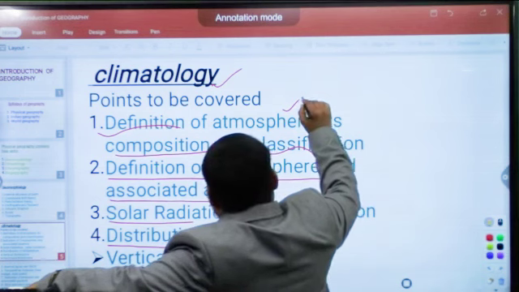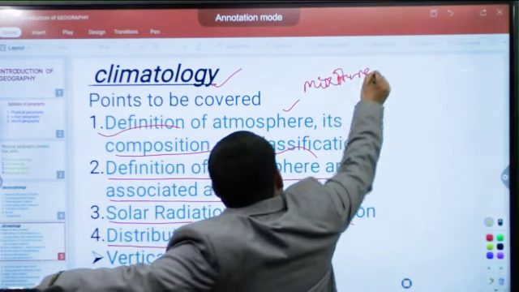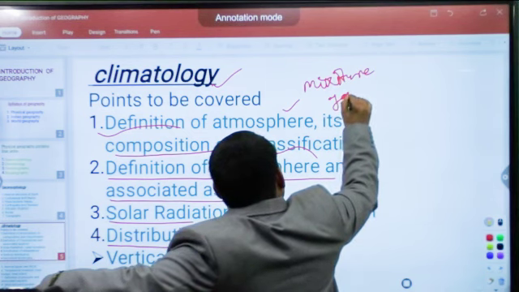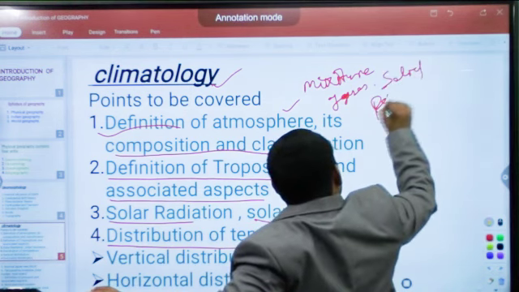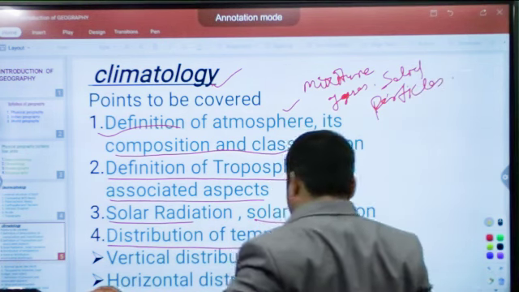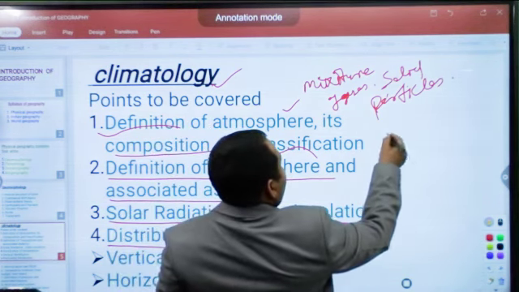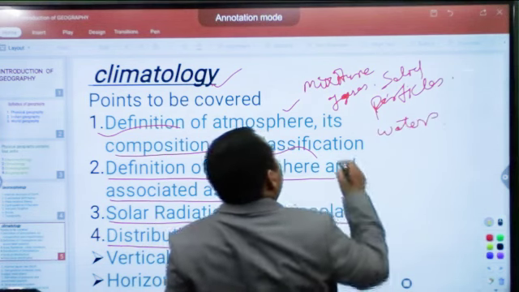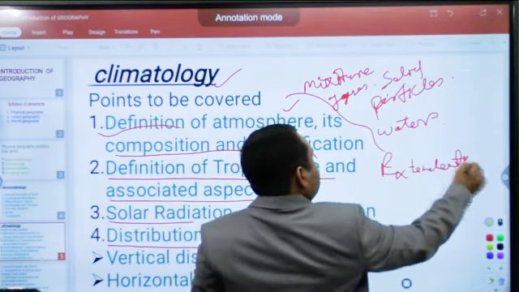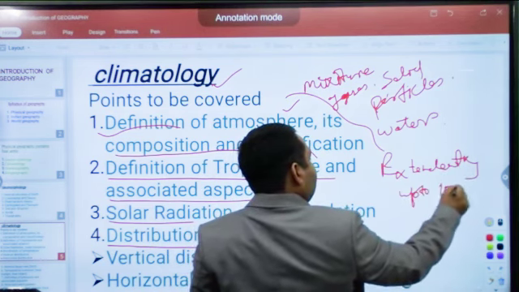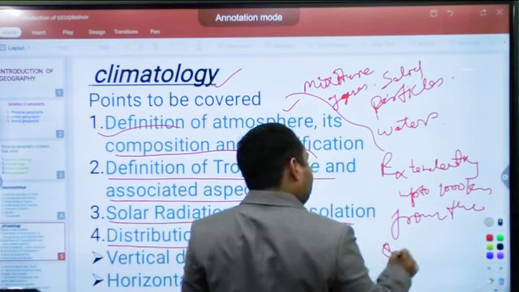Definition of atmosphere is a mixture of gases, solid particles and water extending up to 1000 kilometer from the surface of Earth.